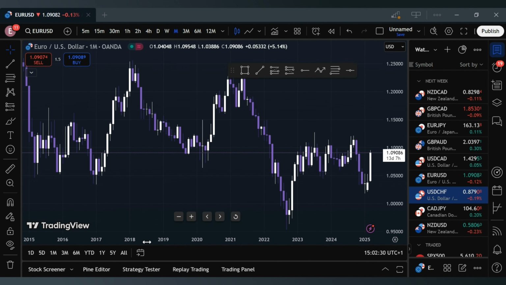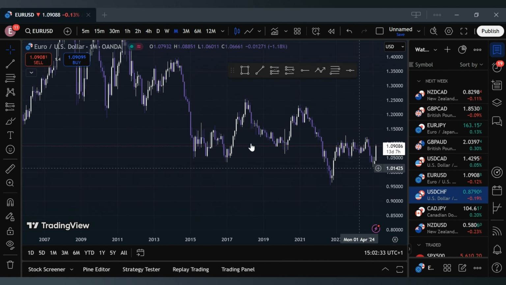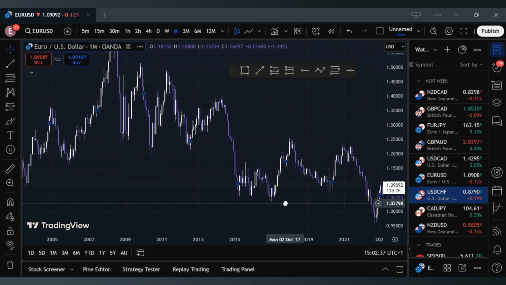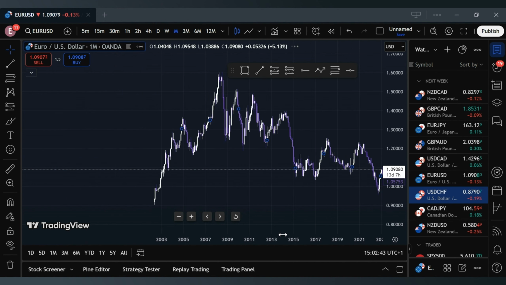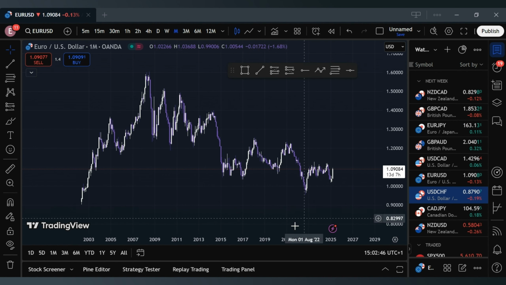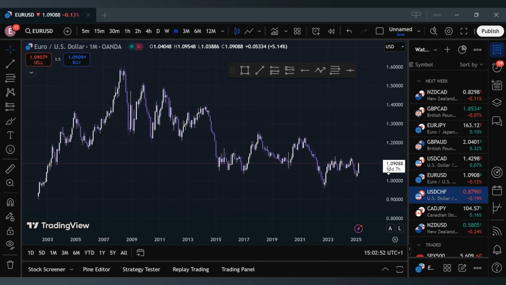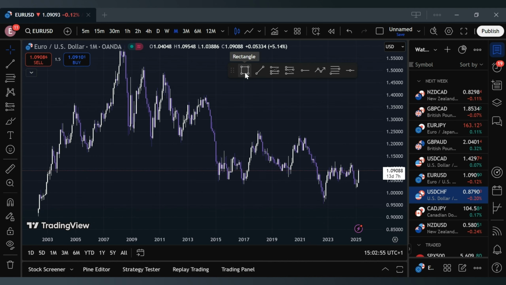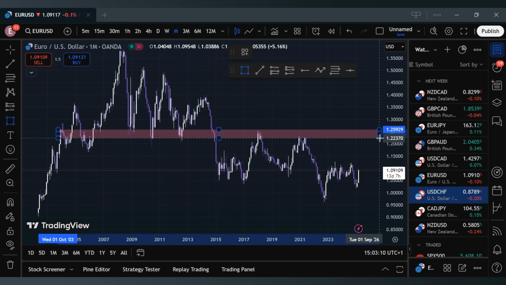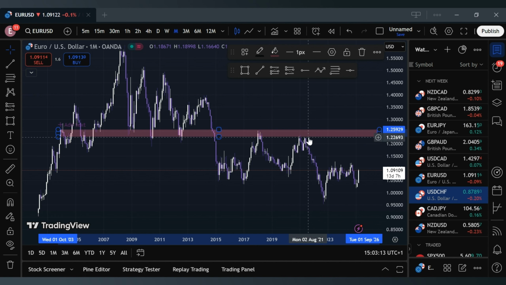Let's continue. Based on what we just learned, let's try to identify major support and resistance zones. I usually do this so I can see the screen better and see all my zones fully. So let us see. This is the first zone that comes to my mind, as we can see on the charts.